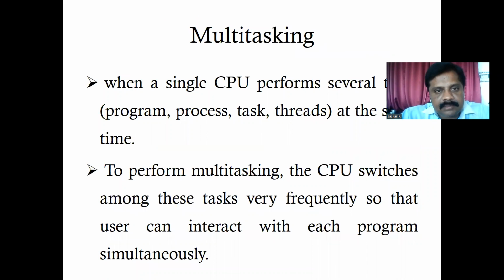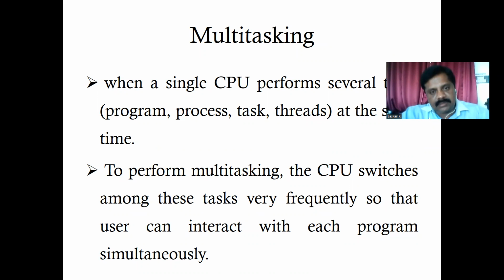The first topic is multitasking. When a single CPU performs several tasks at the same time, it's called multitasking. A task may be a program, process, or thread. They are all called tasks.